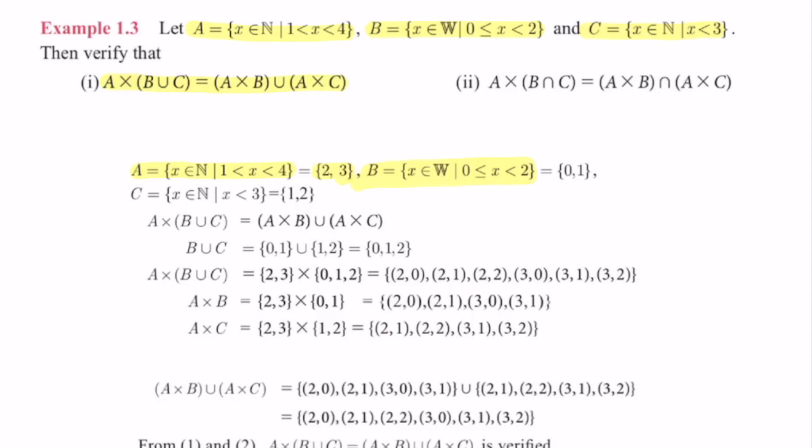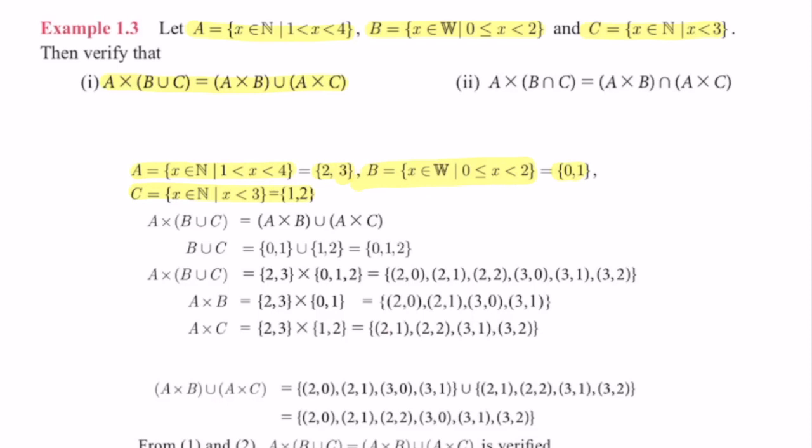Now x is less than 2. So we have to see the number before 2, which is 1. So 0 and 1 are the elements of B. Now C is equal to x element of N such that x is less than 3. So natural numbers are 1, 2, 3 and so on. X is less than 3, so C is equal to a set with numbers 1 and 2.